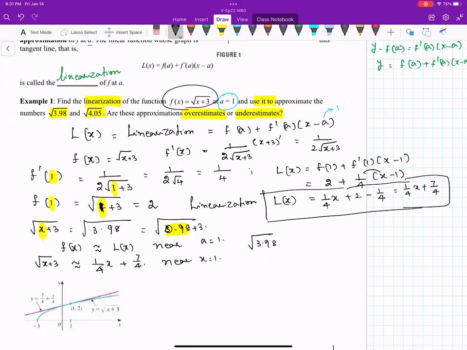As we said, it can be approximated by, here we are going to use this x, 0.98, to approximate. So this is approximately equal to 1/4 of x, which is 0.98, plus 7 over 4.